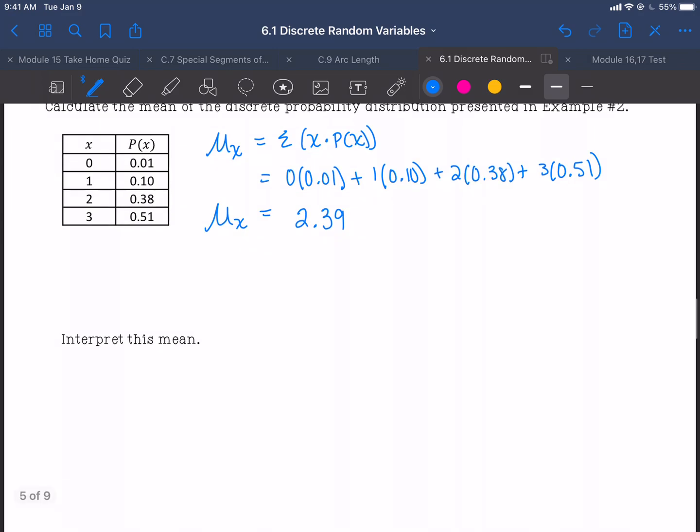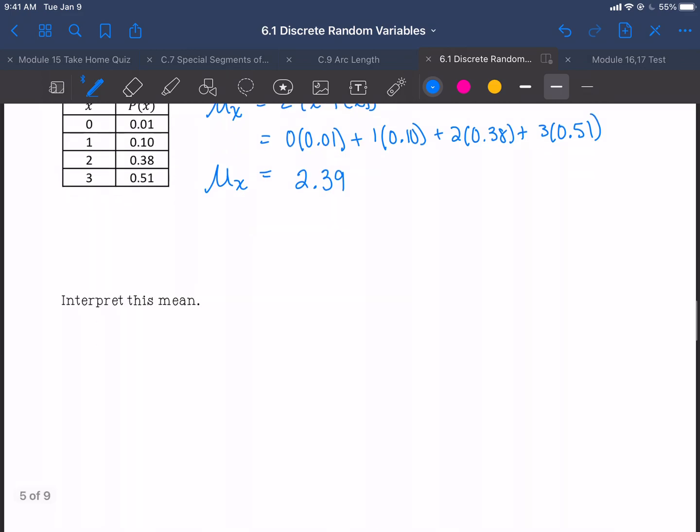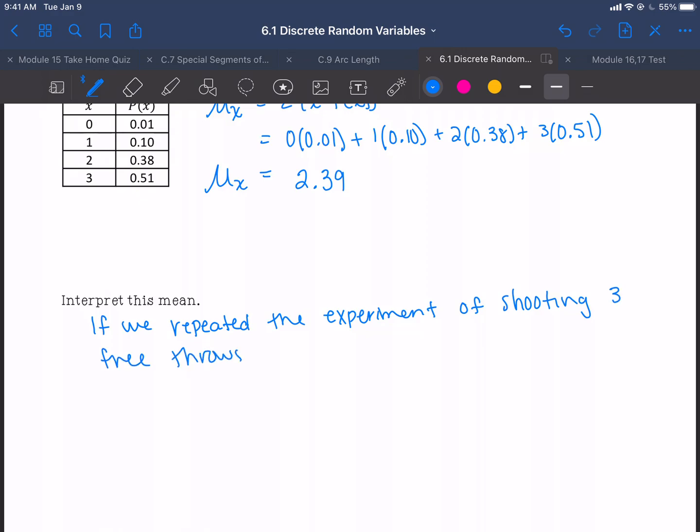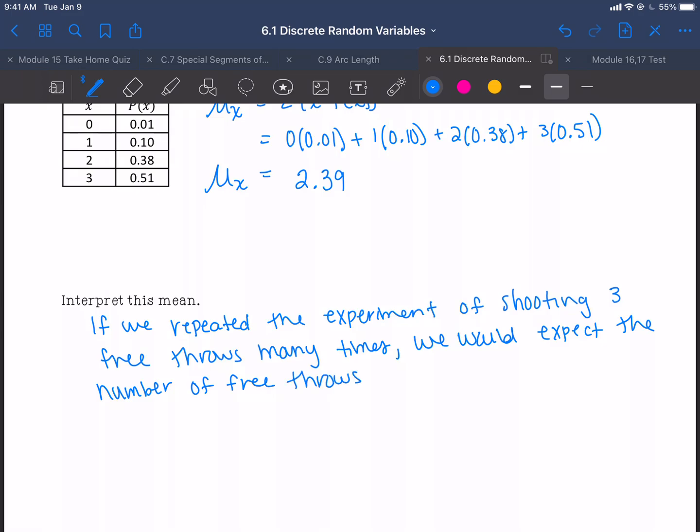All right, so that, I guess we're going to interpret here next. That is the mean, and that's for the made free throws. So what that means is if we repeated the experiment of shooting 3 free throws many times, then we would expect the number of free throws made to be around 2.39.